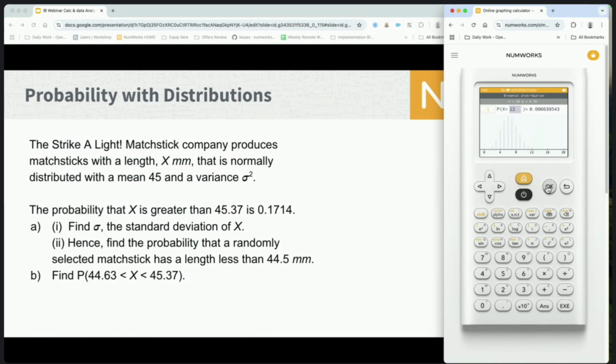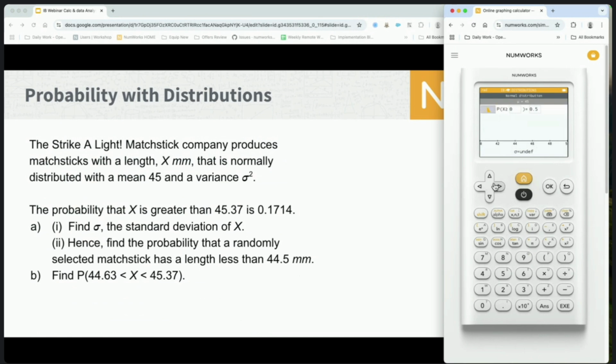For distributions, I have a normal distribution. The mean is 45. The variance is something I don't know, so I can take that out and leave it blank. When I go to my graph, I need to take the fact that they've given me: x is greater than or equal to 45.37.